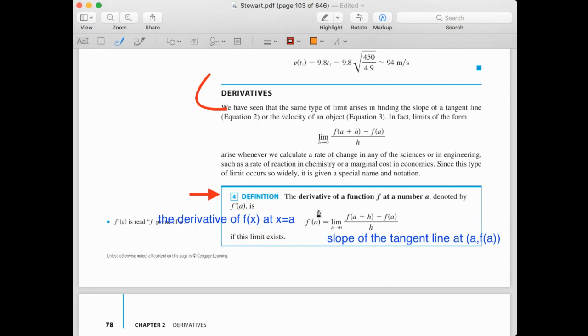So this f prime of a is the derivative of the function at x equals a, and this side is the slope of the tangent line at this point. All right, so two things, if the limit exists, of course.